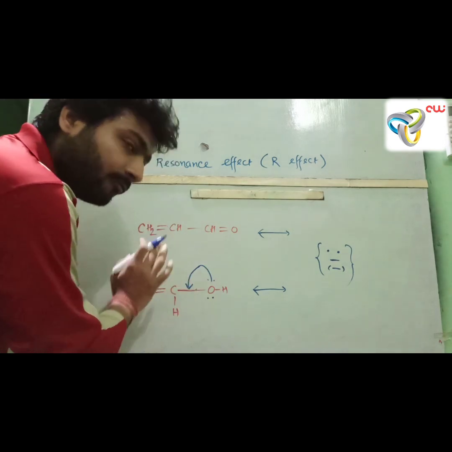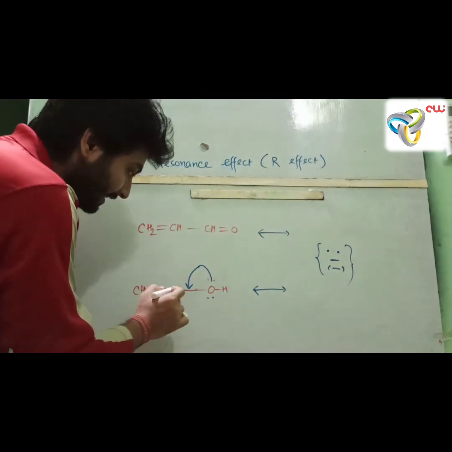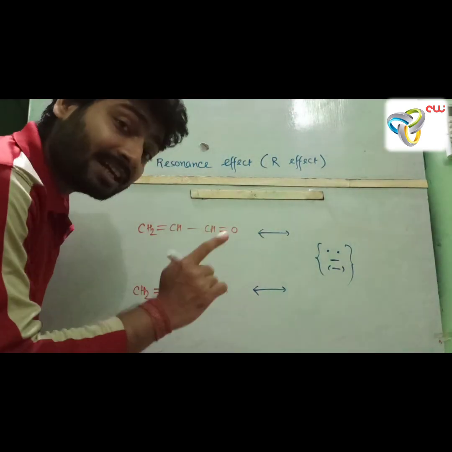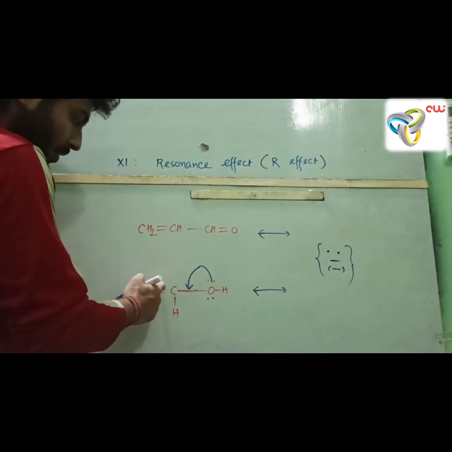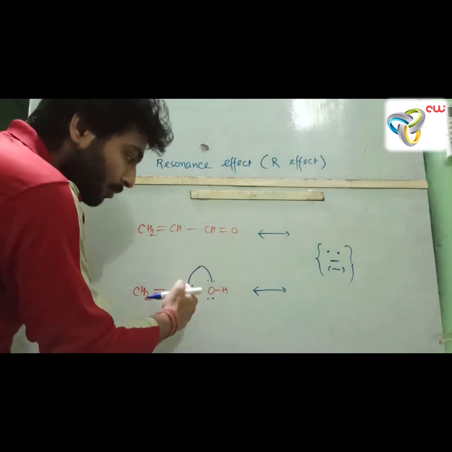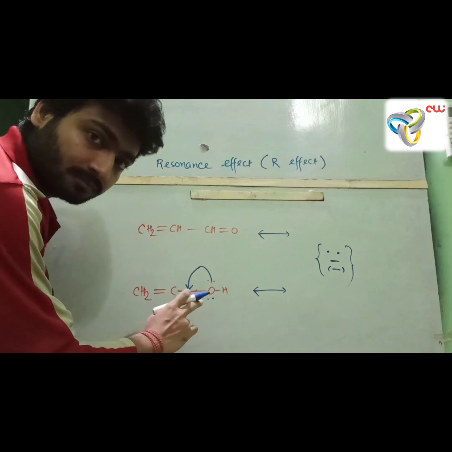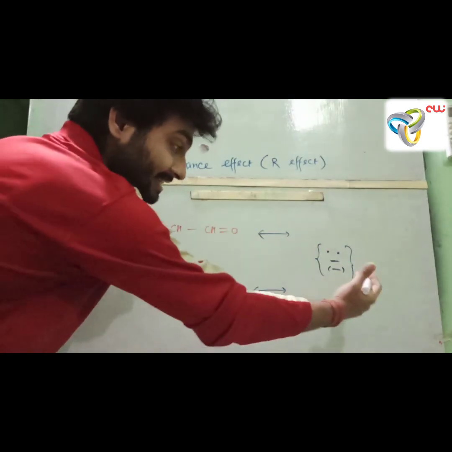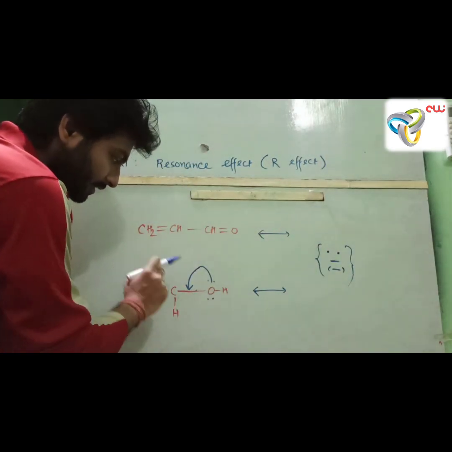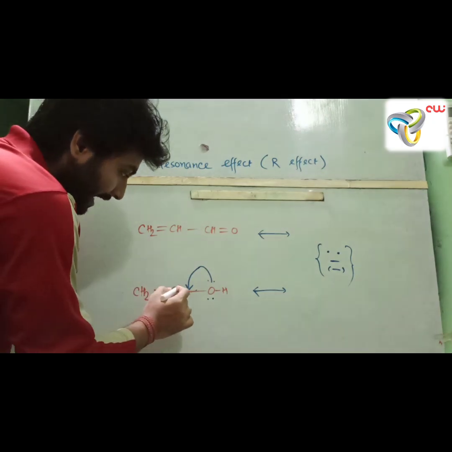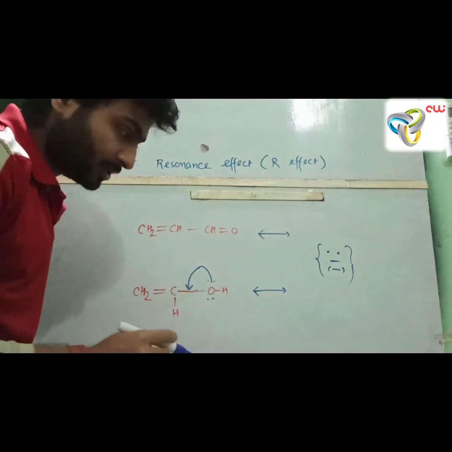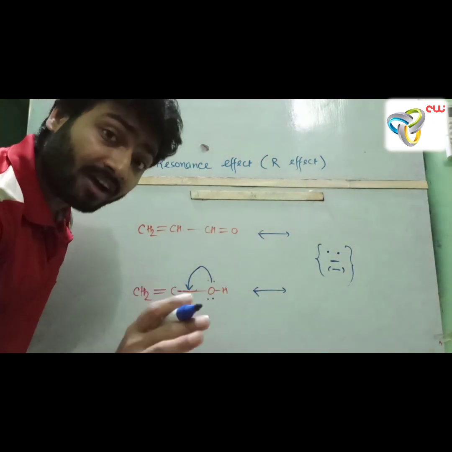Now when this bond has been formed, the valency around this carbon becomes 5. How? 1, 2, 3, 4, and the new bond which is forming there, we can represent on this side. Here we are getting another extra bond which makes the valency of carbon 5.